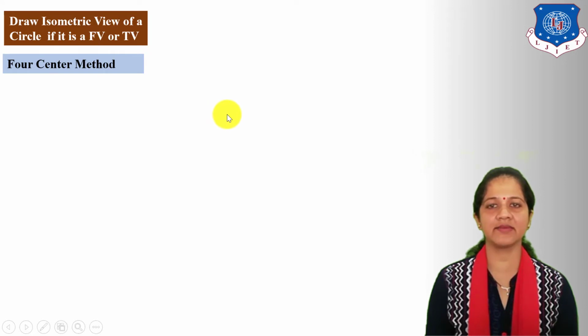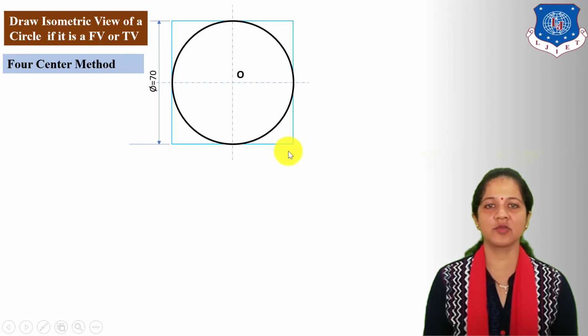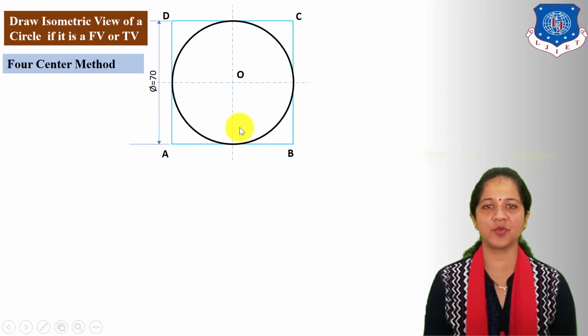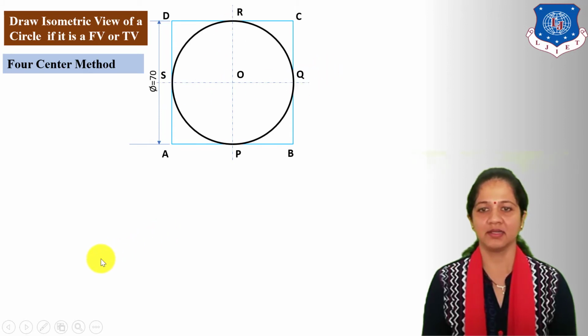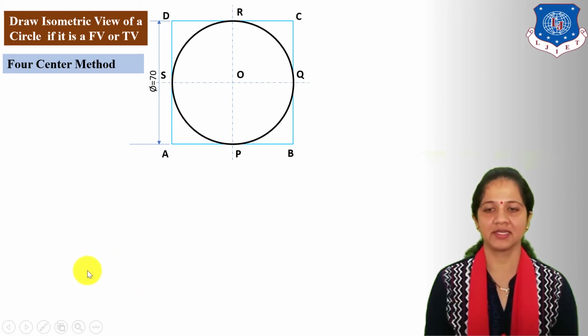Next, consider a 70 mm diameter circle inside the square. Here, mark the square corner points as A, B, C, D and the axis points as P, R, Q, S. Next, draw the isometric view of a circle in the top face.